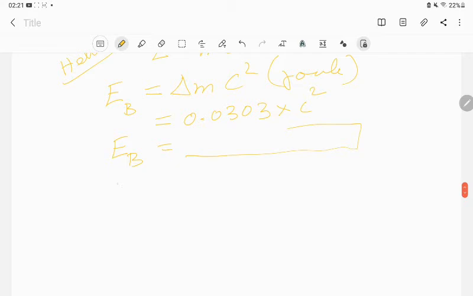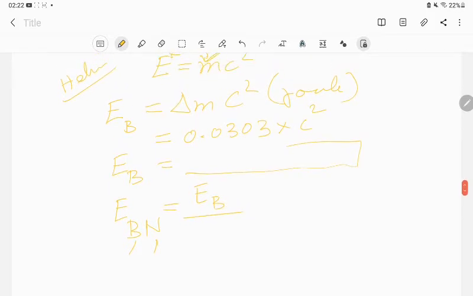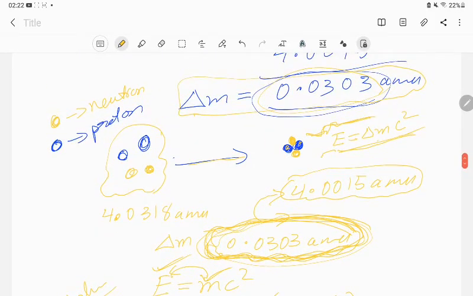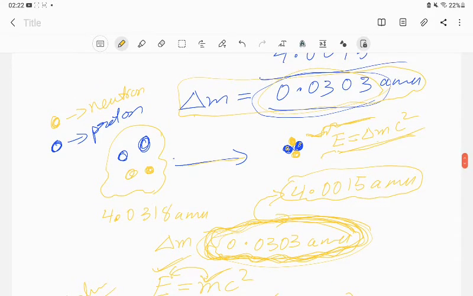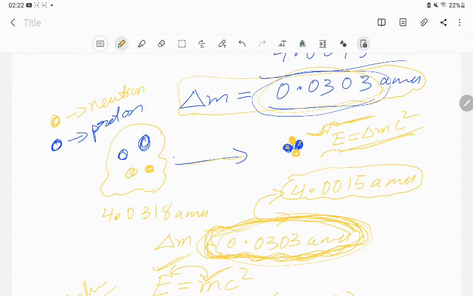And what is binding energy per nucleon? E_BN: B for binding, N for nucleon. So binding energy per nucleon is binding energy divided by the number of nucleons. Nucleon means proton and neutron. In the helium nucleus there are 2 protons and 2 neutrons, so the total number of nucleons is 4.